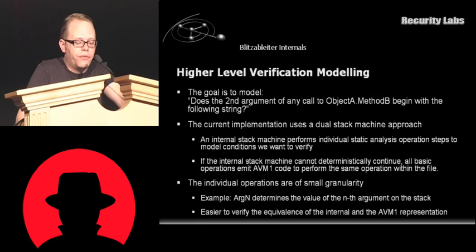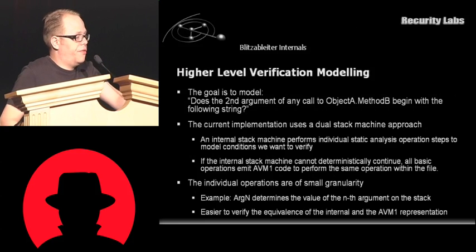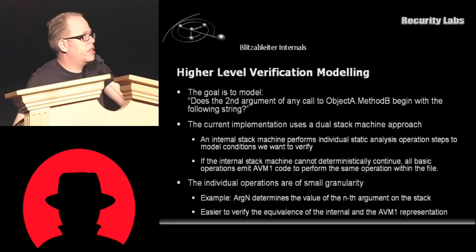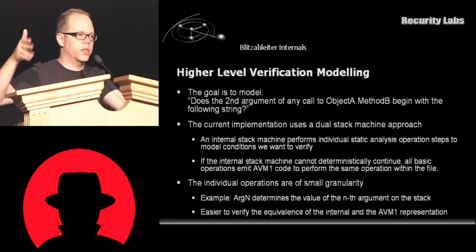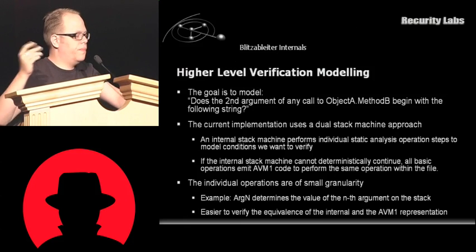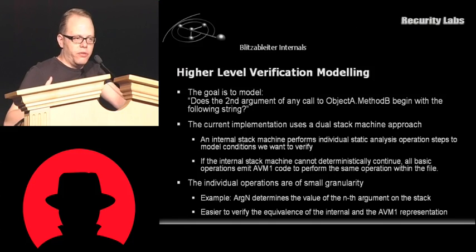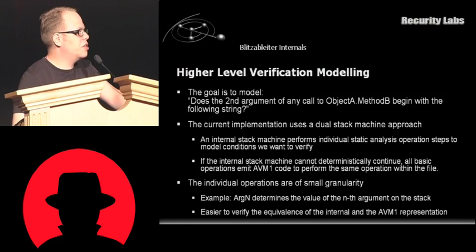The goal for the higher level verification model is that we can say, for an object and a method, the second or third argument, does it fulfill the following requirement, which is usually a string comparison. The way we implement that right now is we have our own virtual machine, a stack machine.